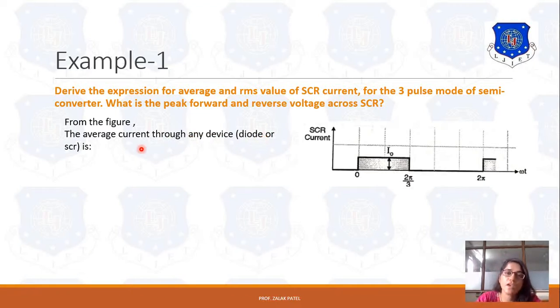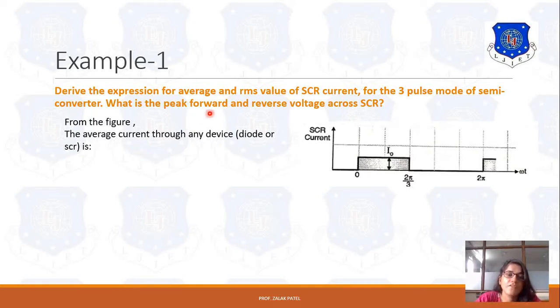If it is in phase, then the same diode and same SCR will conduct. If it is out of phase, then if S1 is conducting, diode D2 will conduct with it, or if SCR1 is conducting, then diode D3 will conduct. That means it is out of phase. But if the same SCR and diode operate, meaning S1 and D1, then there is no phase difference.